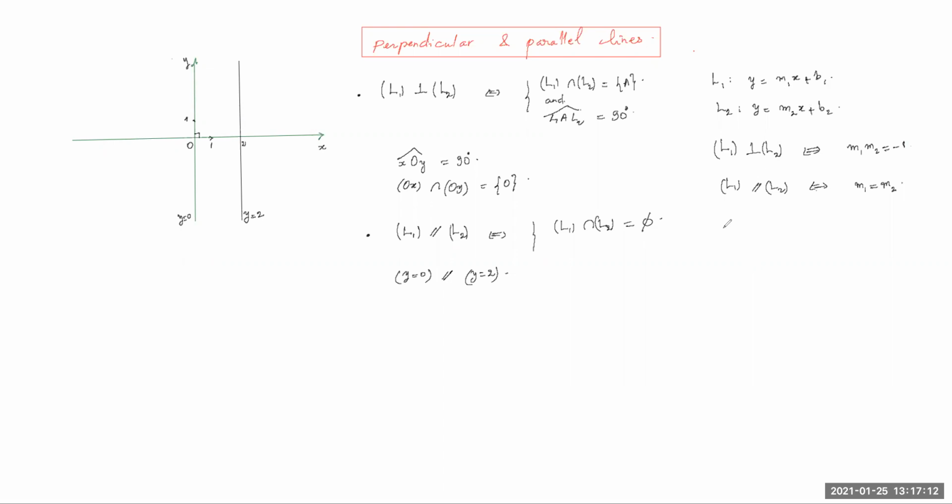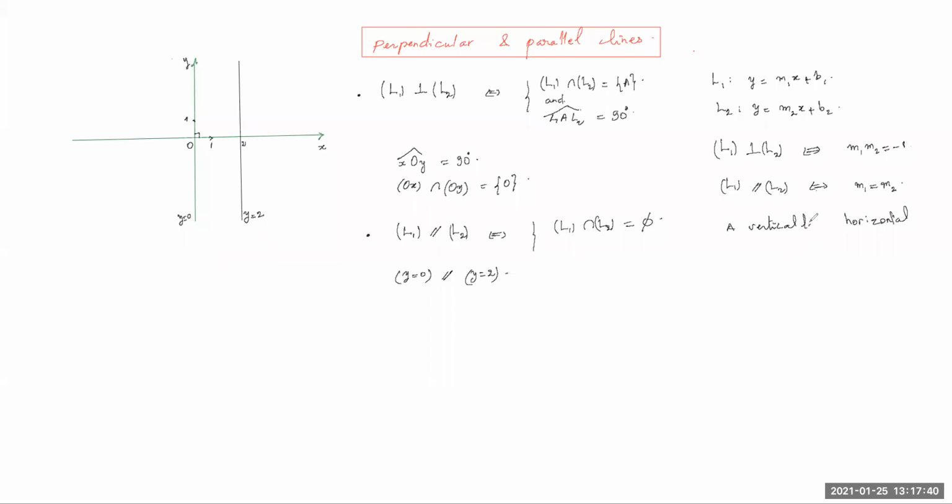This is the case where our lines are not vertical. We also have that a vertical line and a horizontal line are always perpendicular.